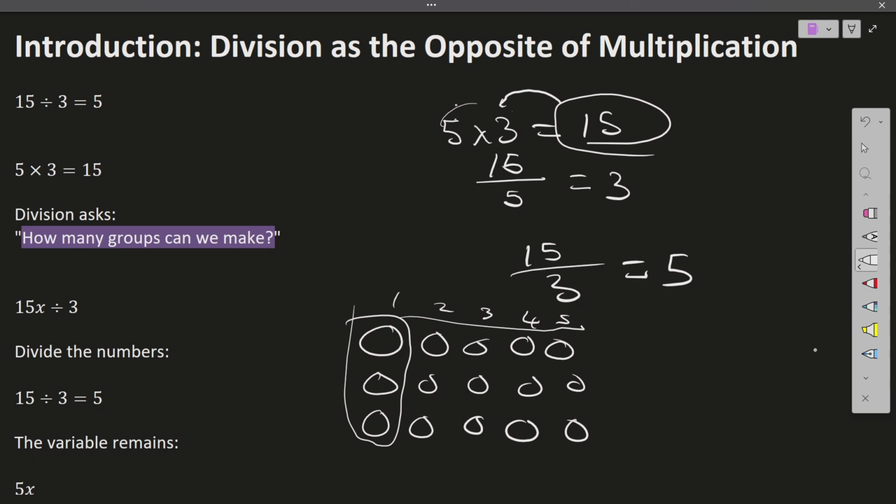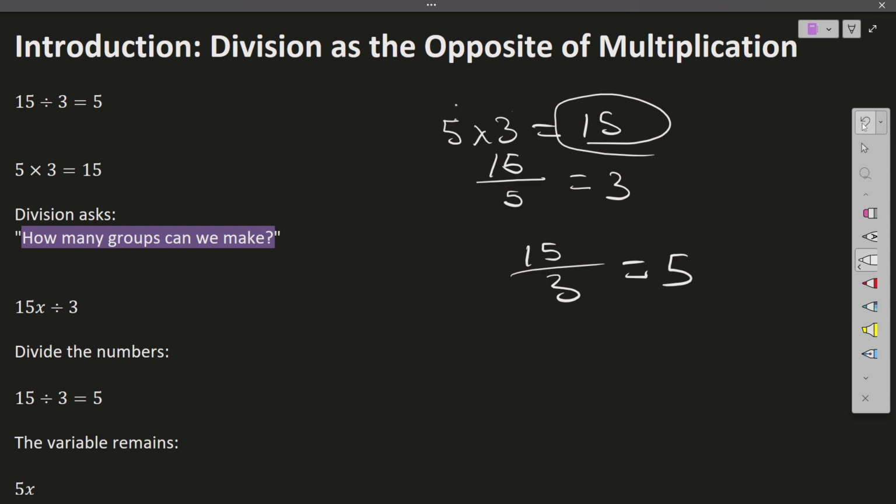If I have 15 apples, I can either divide this by 3 and I will get 5, or I can divide by 5 and I will get 3. You get this idea. So it is basically the opposite of multiplication now. Okay, so let's just remember our fruit analogy. It is very important that we remember this.